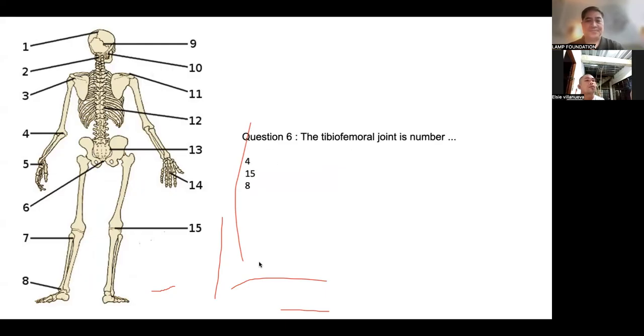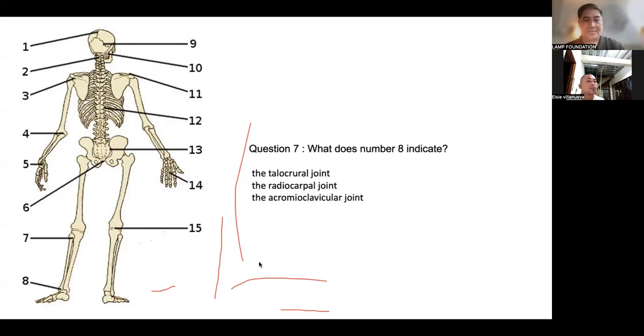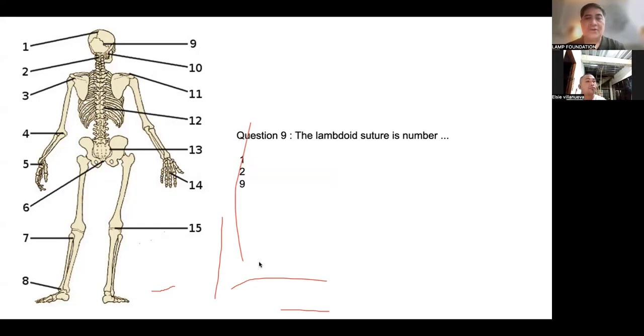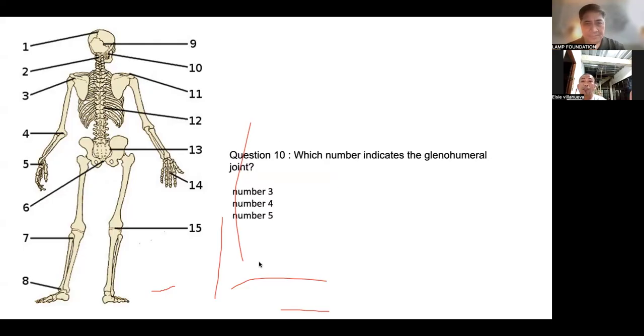Tibiofemoral joint. Number 15. Number 8, the talocrural joint. Number 11, the acromioclavicular joint. Lambdoid suture. Number 9, glenohumeral joint.